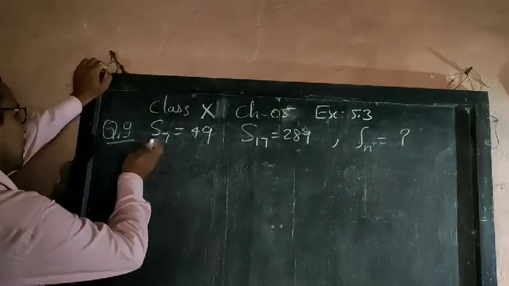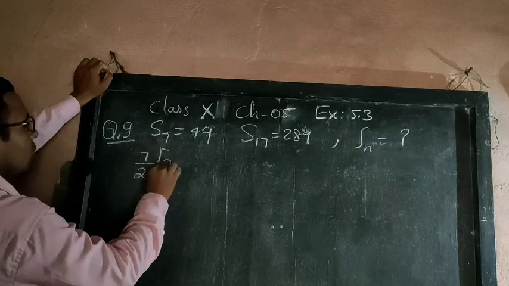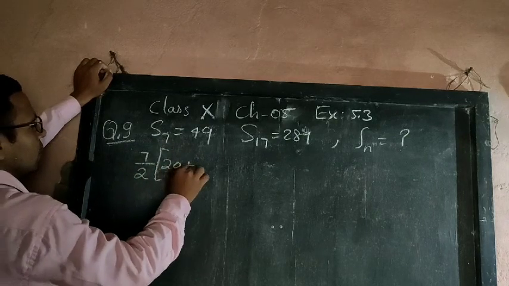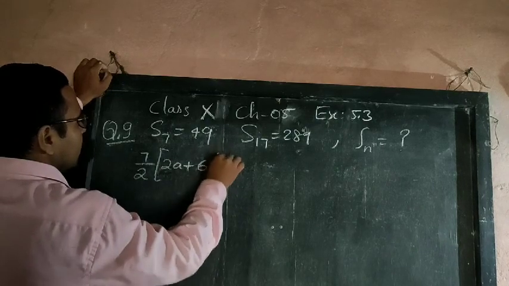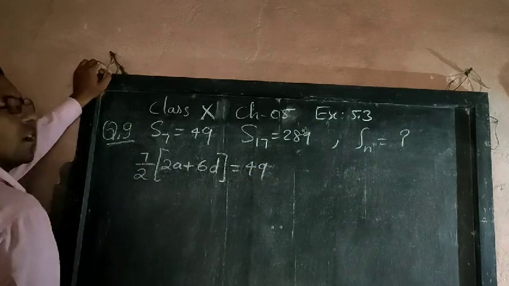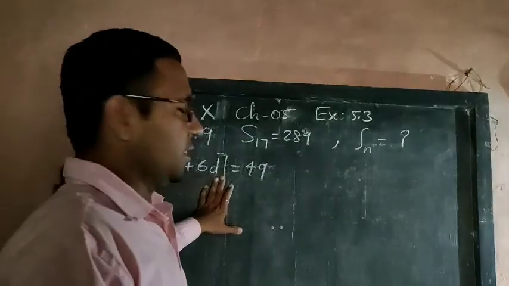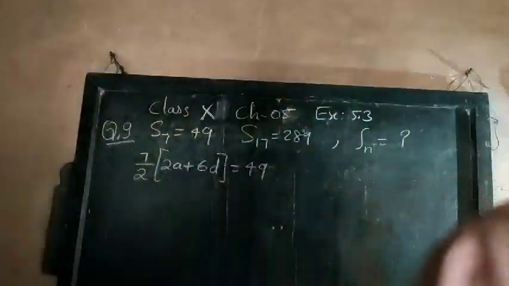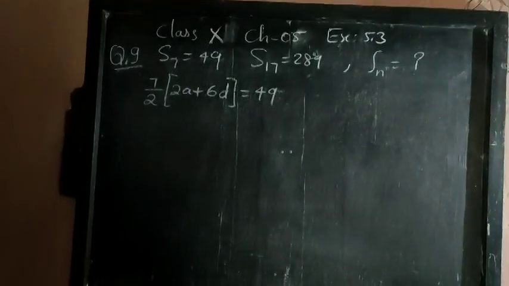Just using this one. So 7 by 2, how much will you get here? 2a plus (7 minus 1) into d, that means 6d, is equal to how much? 49. As we are taking here a as the first term and d as the common difference in all the questions. So after that what do we have to do here?